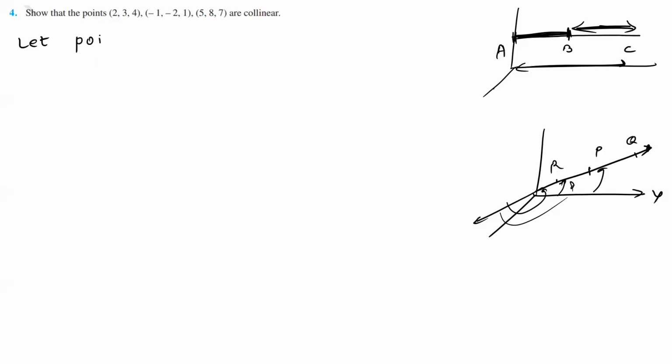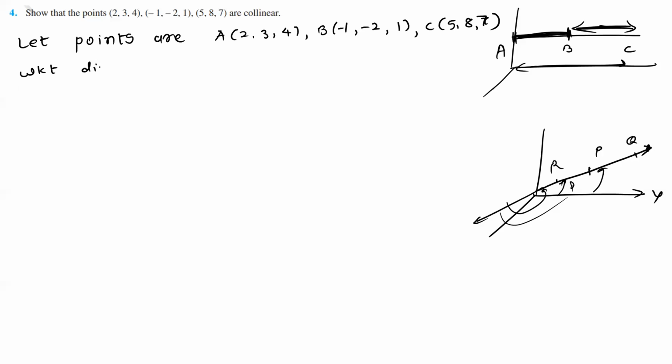Let the points be named here: A (2, 3, 4), B (-1, -2, 1), and C (5, 8, 6). We know the direction ratios of two points x1, y1, z1 and x2, y2, z2.